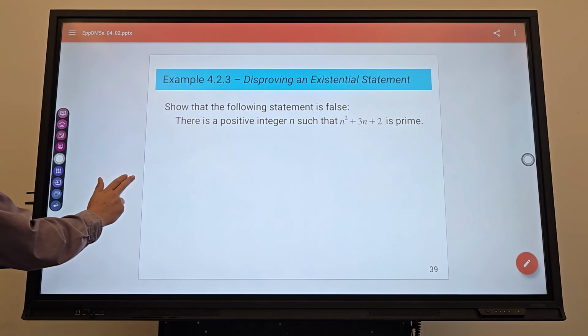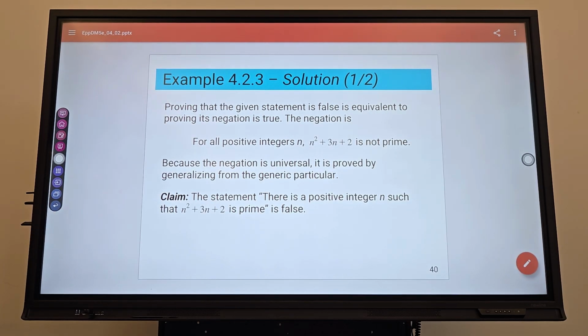Now, proving that the given statement is false is equivalent to proving its negation is true. The negation is, for all positive integers n, n squared plus 3n plus 2 is not prime. Because the negation is universal, it is proved by generalizing from the generic particular.